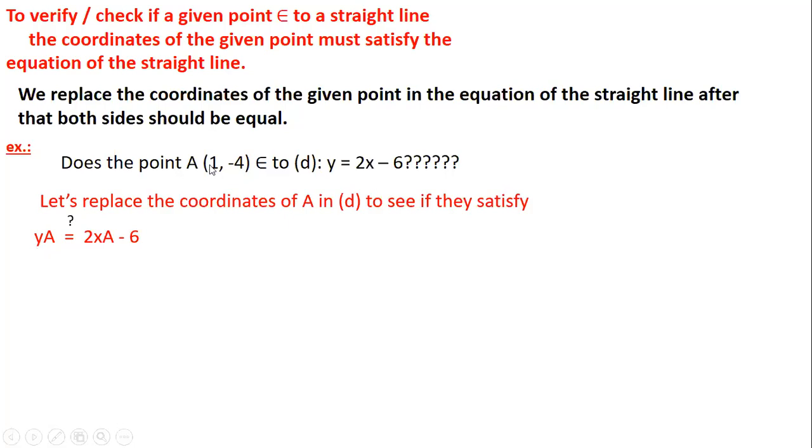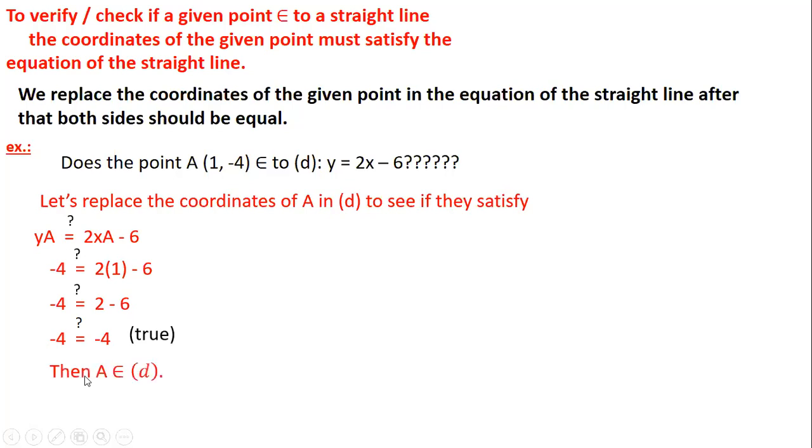Let's replace. yA is minus 4. And xA is 1, so I only replace. Are these two sides equal? Still, I don't know. Let's calculate side 2. Minus 4, is it equal to 2 minus 6? Minus 4, is it equal to minus 4? I can see that the two sides are equal to each other. This is true.